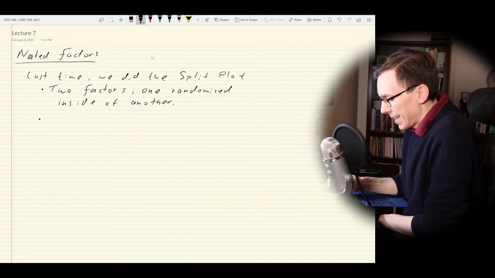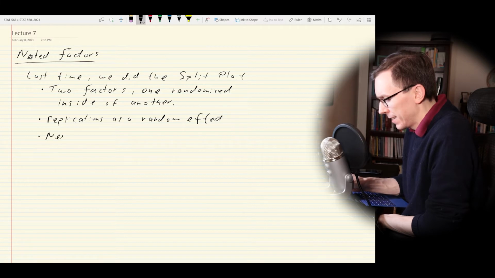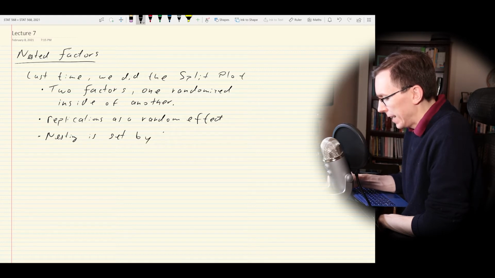The first thing is that we have replications as a random effect in this model. And in some sense, the nesting is set or chosen by the experimenter.